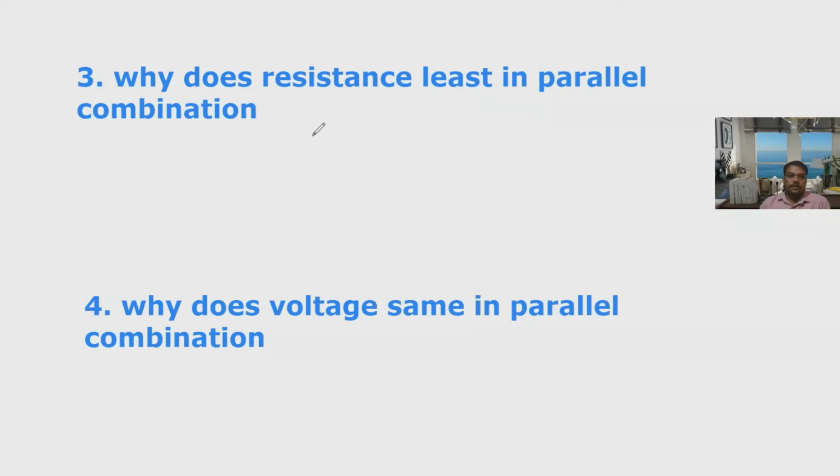Why is the resistance least in parallel combination? In parallel combination, the circuit area becomes more.